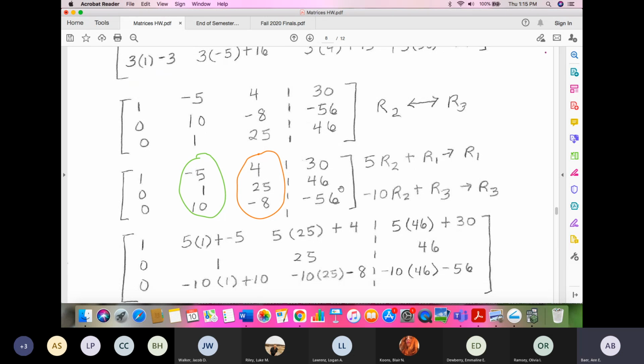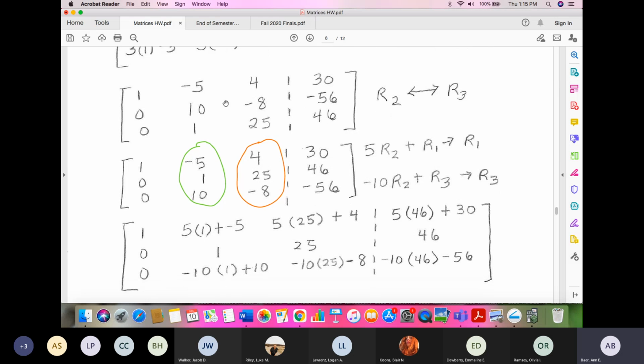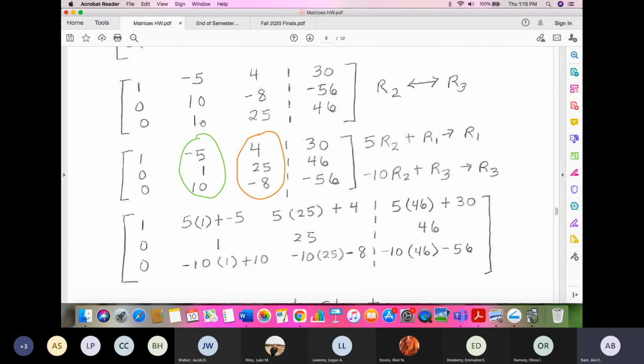So now we move on. We now look at this matrix. This is now our old matrix that we have here. This is our new. So what we want now, we're looking in the second column, and we want to get a 1 first. But we want 1s along the diagonal, which is this.